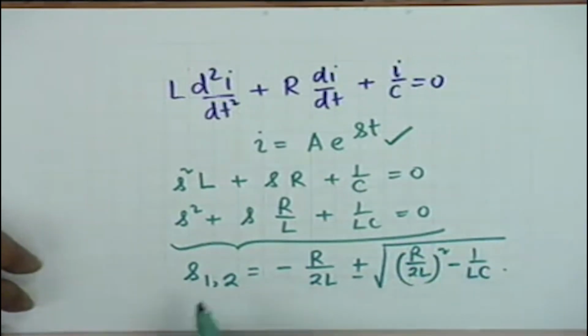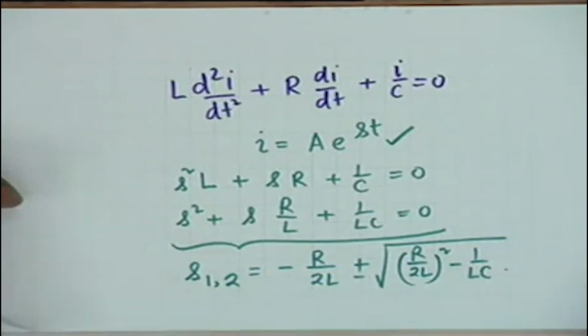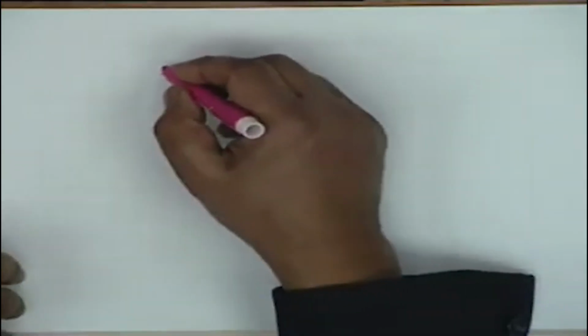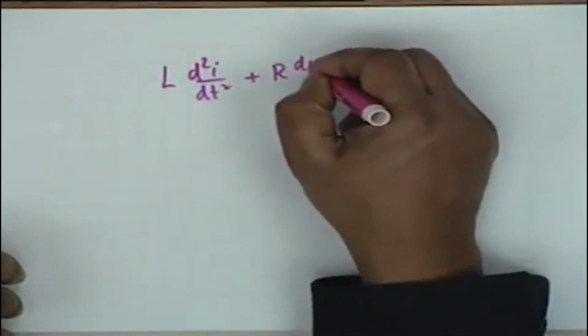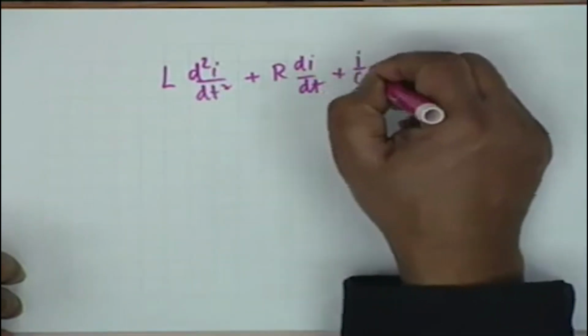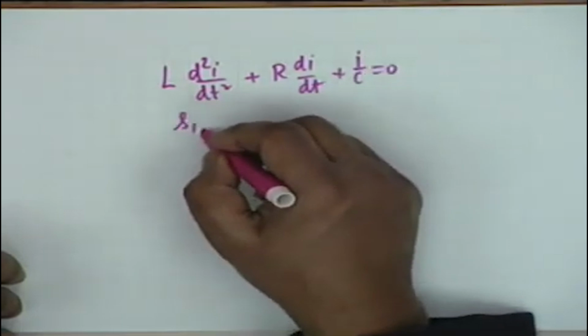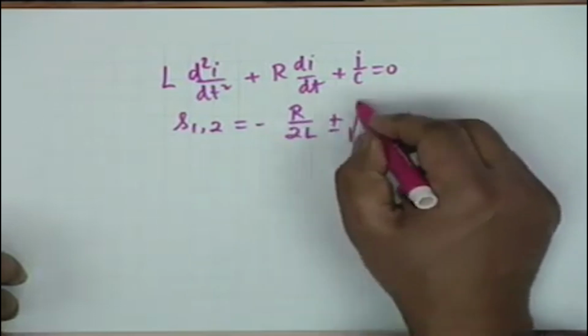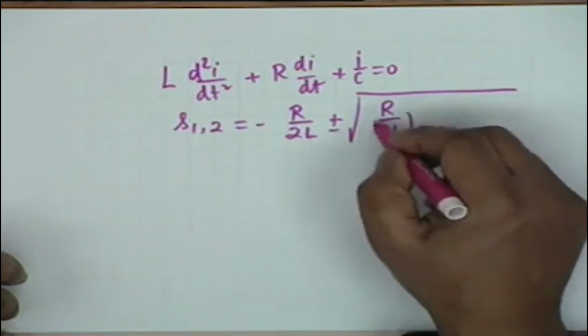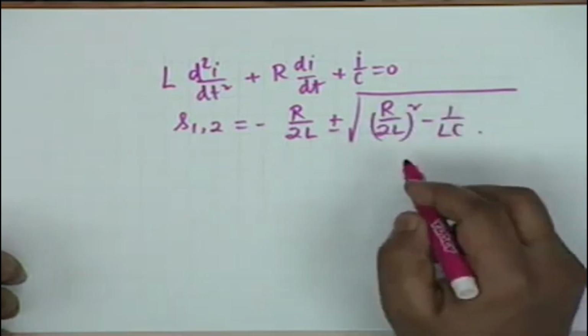There are 2 possible values of s, and therefore there are 2 possible solutions of the original differential equation. My equation is L d2i/dt2 plus R di/dt plus I by C equal to 0, and the 2 values are minus R by 2L plus minus the square root of R by 2L whole squared minus 1 over LC.